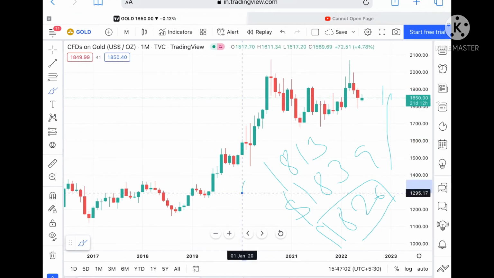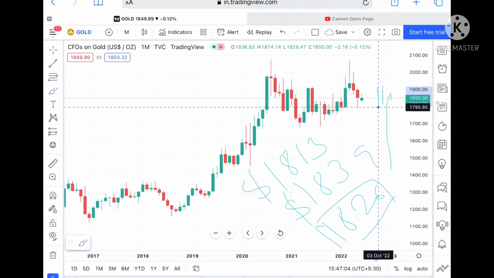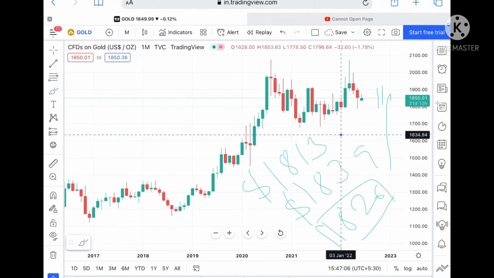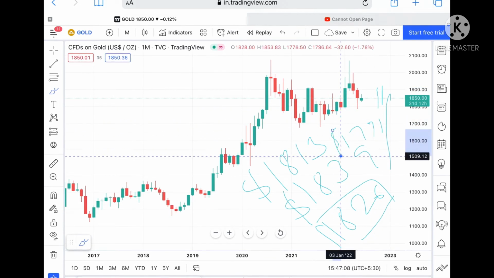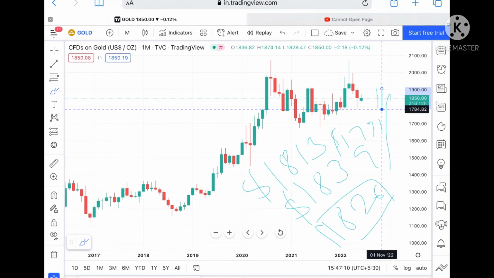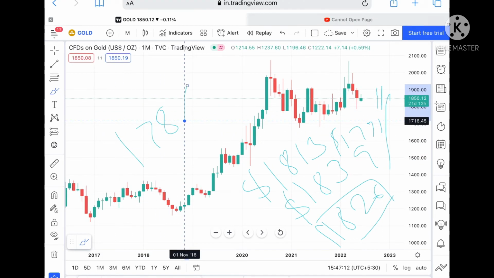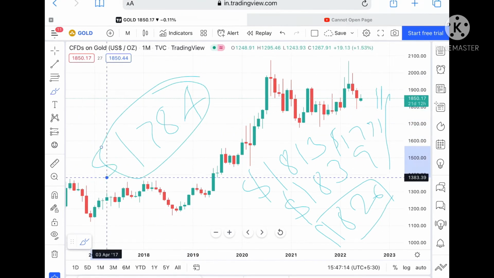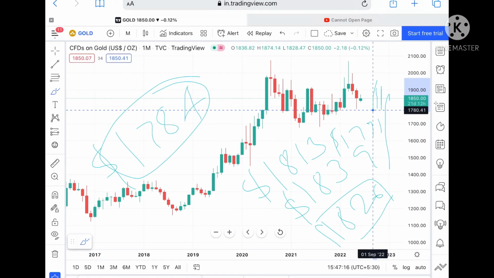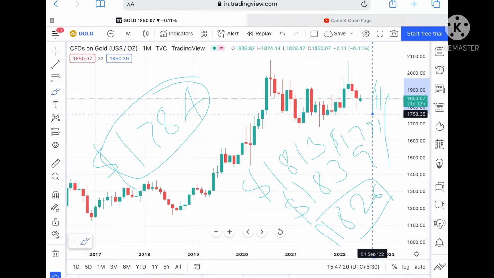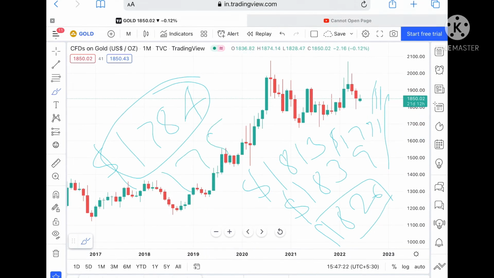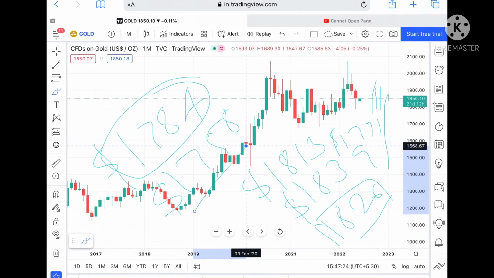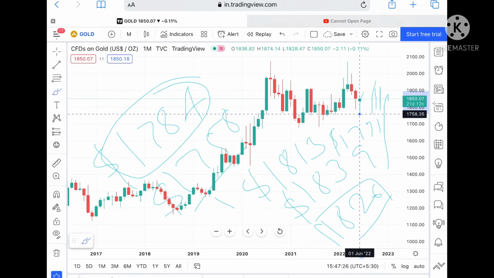If it goes below that level, then it can touch a level of 1791, and if it goes below that, it can touch a level of 1784. Suppose the price goes below that level, then there is a probability of touching 1778, and from there a level of 1758.